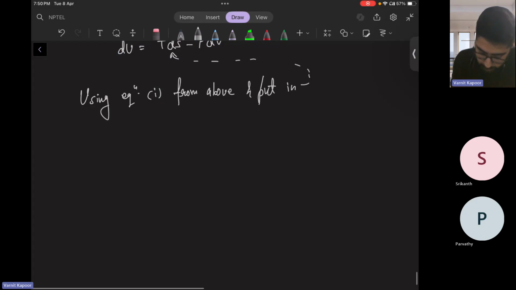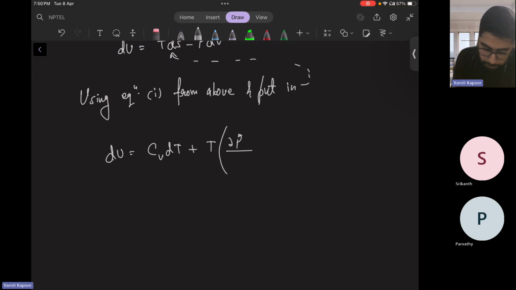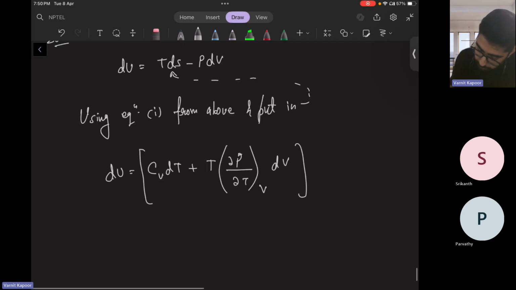Okay, so dU can be written as Cv dT plus T dou P by dou T at constant volume dV, and your remaining term minus PdV.